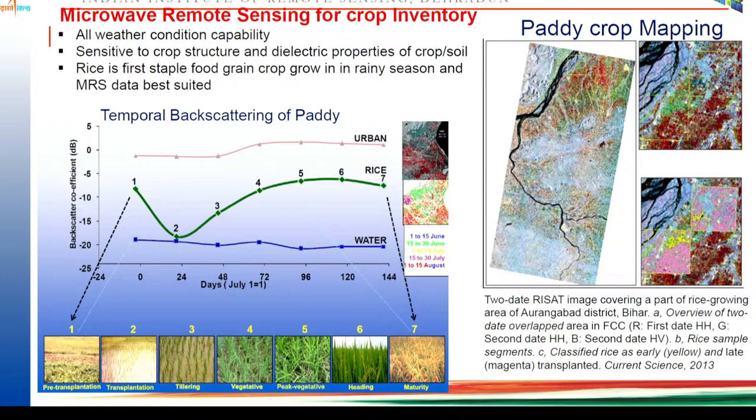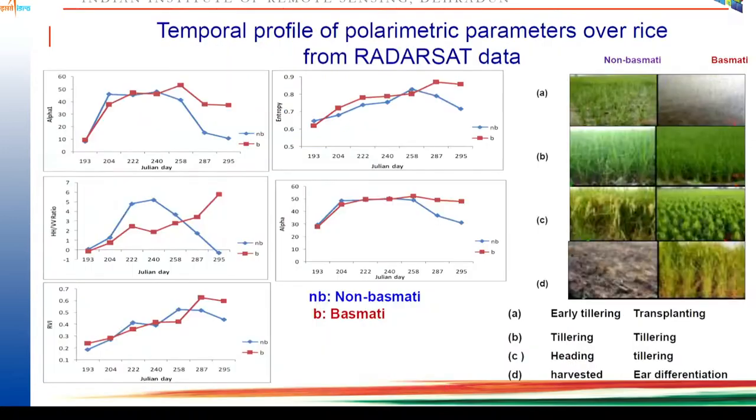But for other crops like sorghum, bajra, jowar, other kinds of millets and sugarcane, microwave remote sensing data is still in the research stage. But rice crop, as of now, is operationally being monitored with active microwave remote sensing based SAR data.